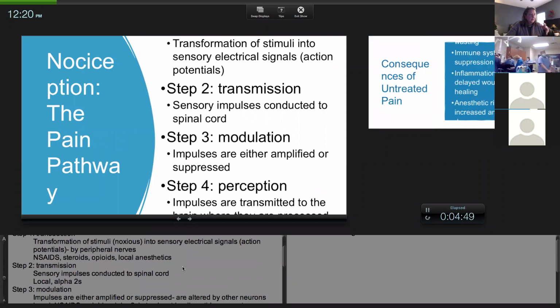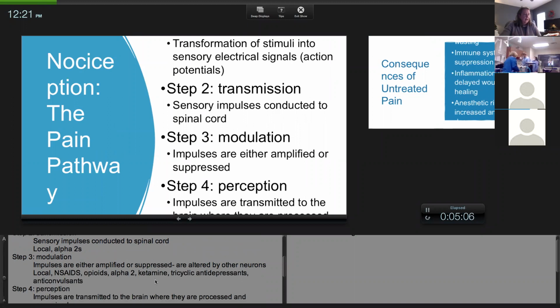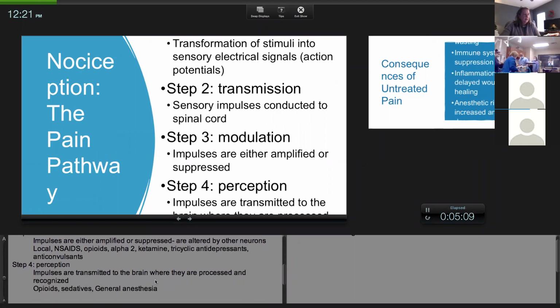There is transmission, where the signal is sent to the spinal cord. Modulation is where it can be amplified or suppressed. Remember, when the signal gets there, the body can decide what type of response it is going to have to the pain. And then perception is when it is actually recognized.